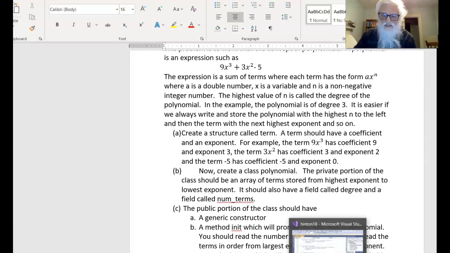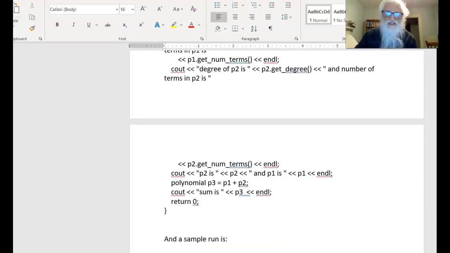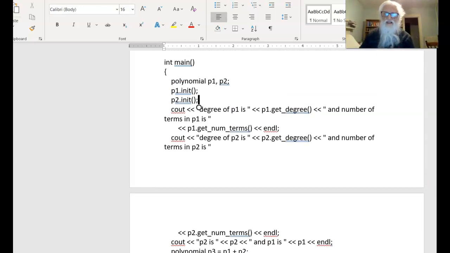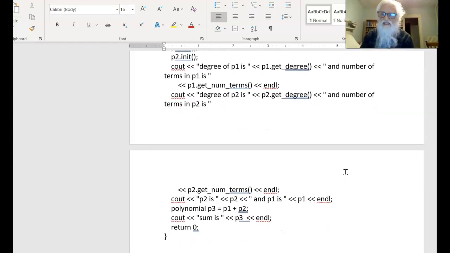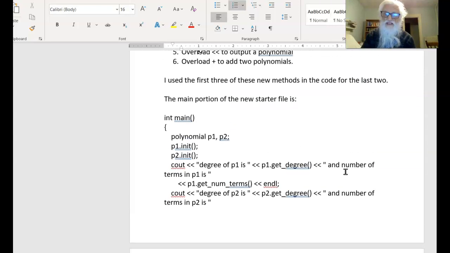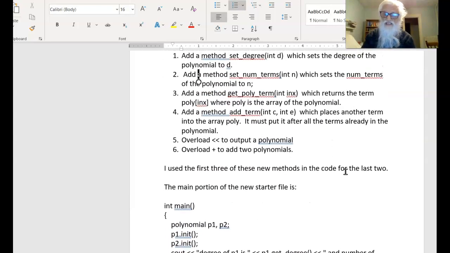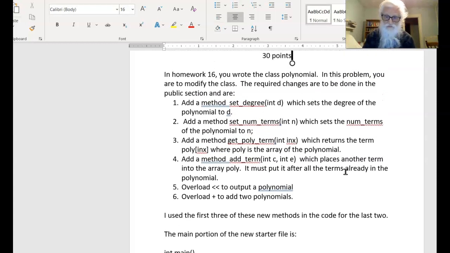I wanted 18. Sorry. There it is. If you look in here, you won't see anything that insists that poly be an array. And if you look up here, all it says is get poly term. That could be either an array or a vector. So either one is acceptable, however you did problem 16.